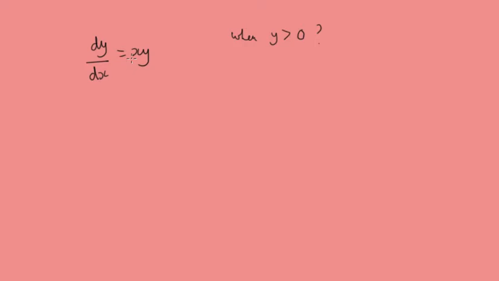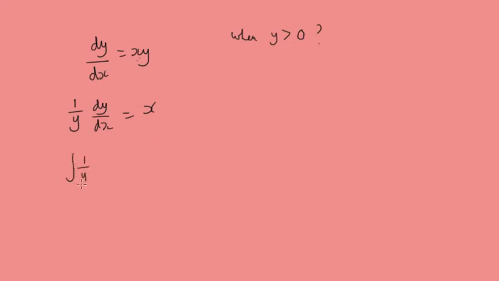Well, the first thing to do is we need to separate the variables. We can't have the x and y on the same side. So we're going to divide through by y. So this will be 1 over y dy by dx equals x. And now we're going to integrate both sides.